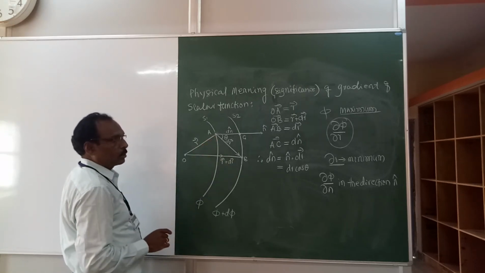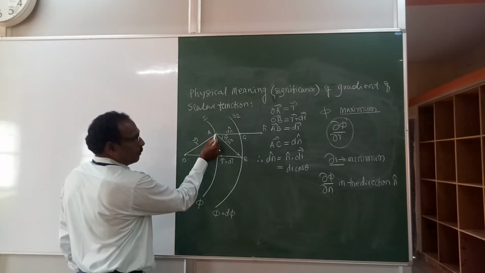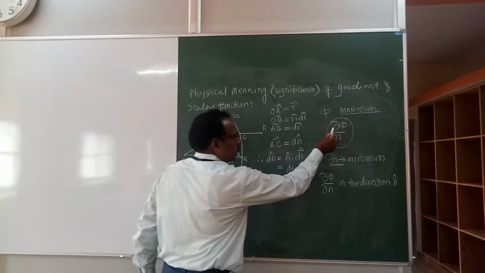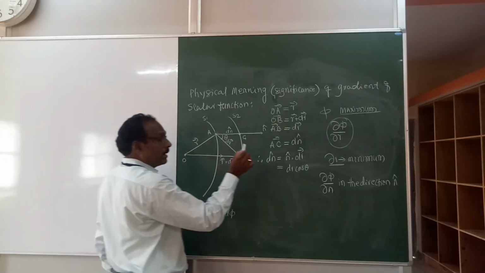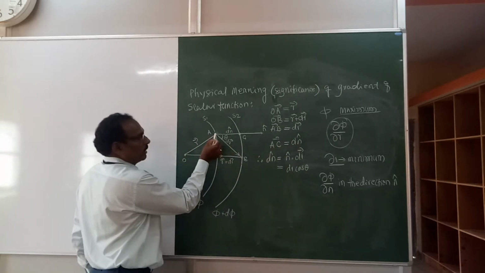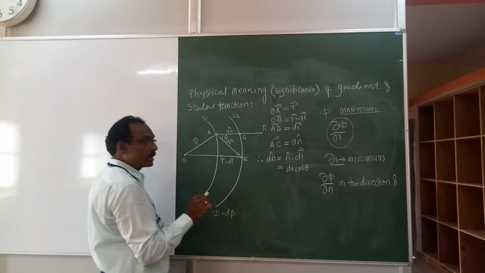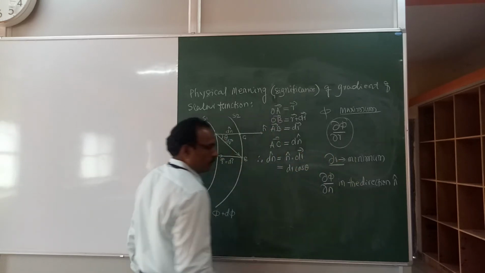Let me repeat this. The rate of increase of a function at A is given by dou phi by dou r, and the rate will be maximum provided dr is minimum.